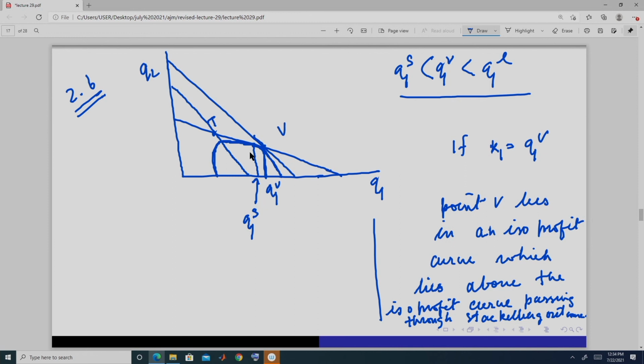So the profit of farm 1 at this point is less than the profit of farm 1 at this other point. Suppose this is S.